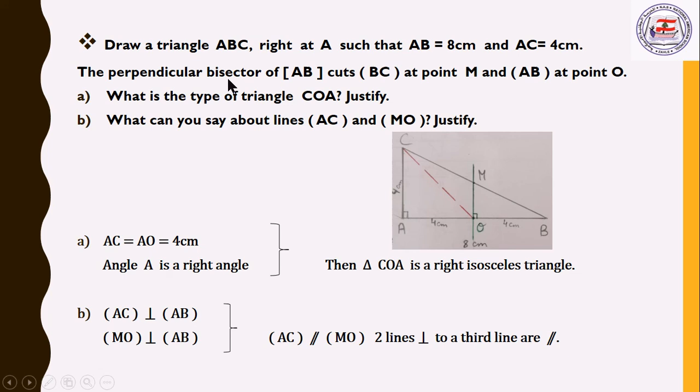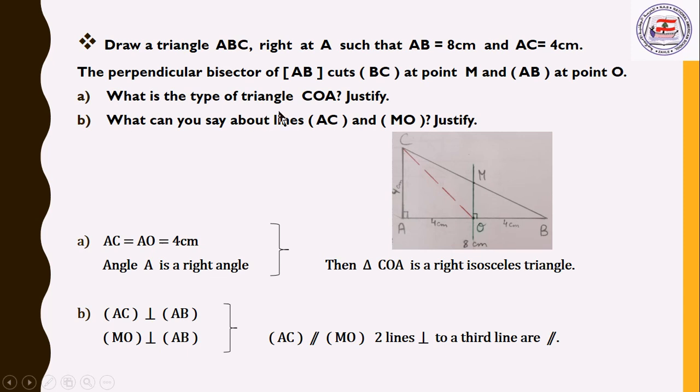What is a perpendicular bisector? Yes, it is a perpendicular at the midpoint of the segment. Then we take the midpoint of AB, it is point O, then we draw the perpendicular here. This perpendicular cuts BC at point M and AB at point O.